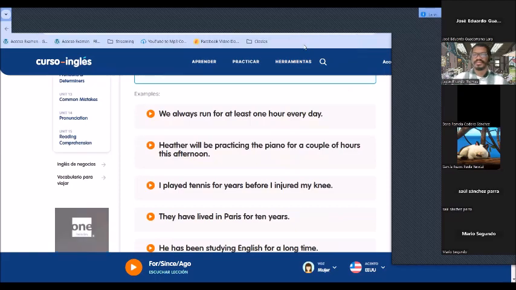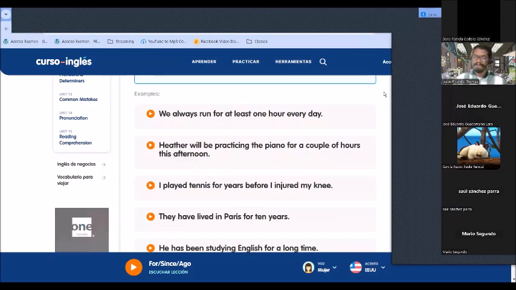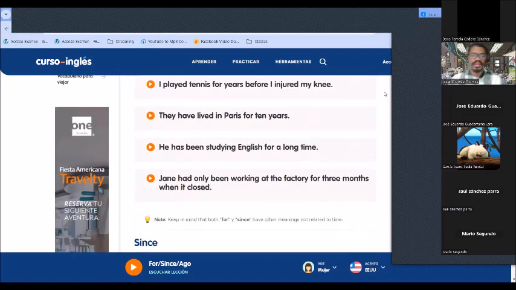We always run for at least 1 hour every day. And Heather will be practicing the piano for a couple of hours this afternoon. I played tennis for years before I injured my knee. They have lived in Paris for 10 years, and he has been studying English for a long time, and Jane had only been working at the factory for 3 months when it closed.